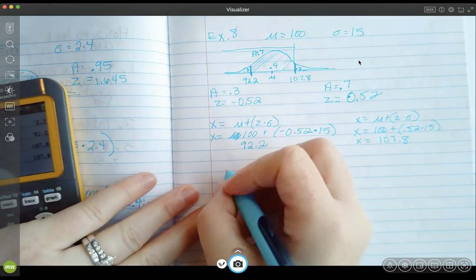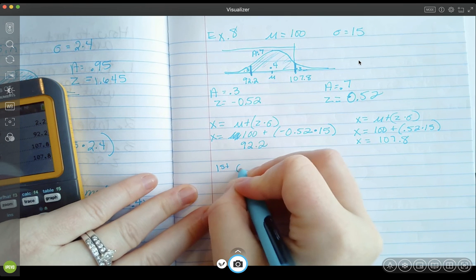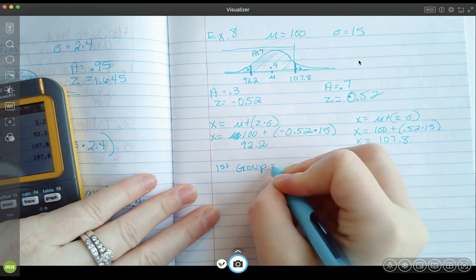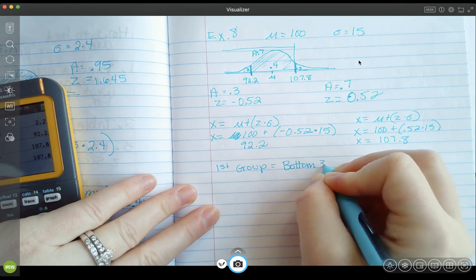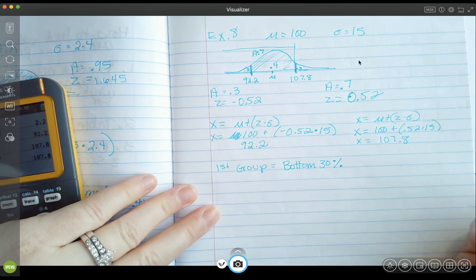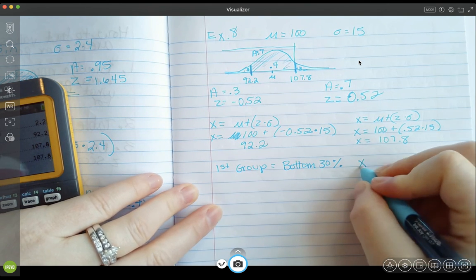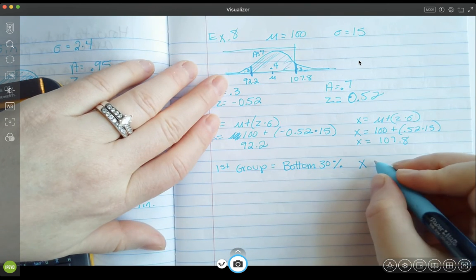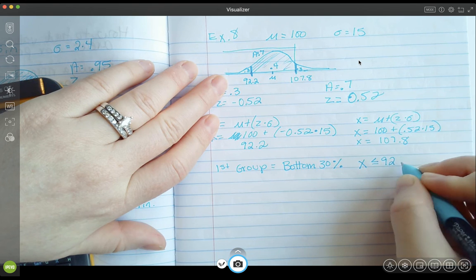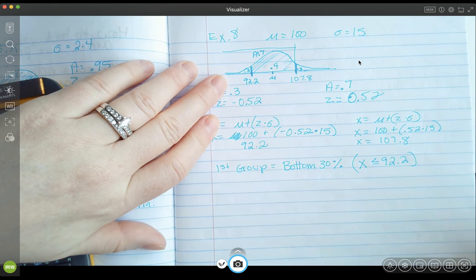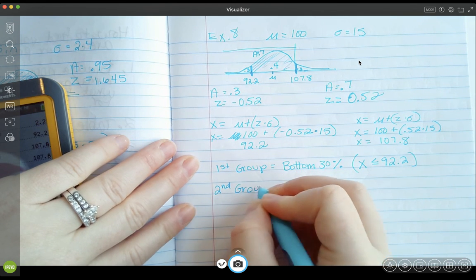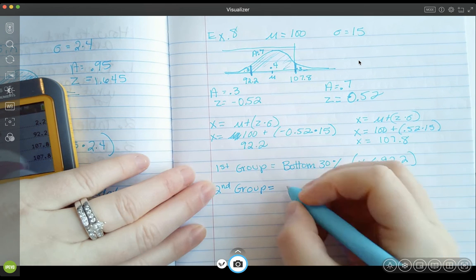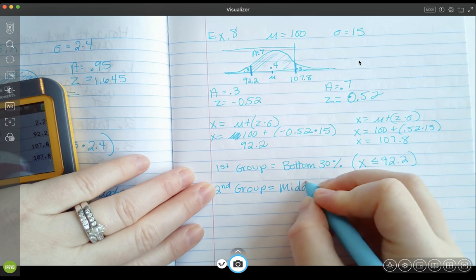Okay, so the three groups. First group is your bottom 30%. And that is where x has to be less than or equal to 92.2. Second group is your middle 40.